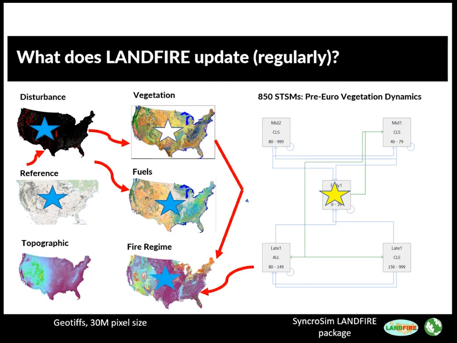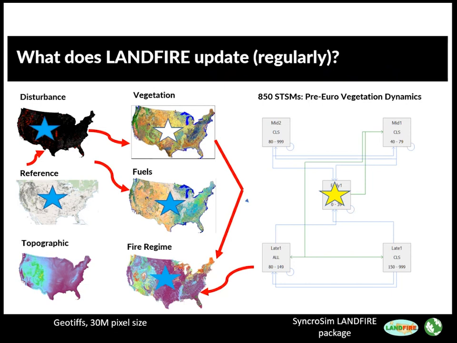Okay, so what's being updated? Well, vegetation is in the disturbed pixels only. Remember what LANDFIRE considers to be disturbed. Fuels is updated. Disturbance is updated. Those are 2 blue stars. I put a white star there because that's what we're going to talk about today.